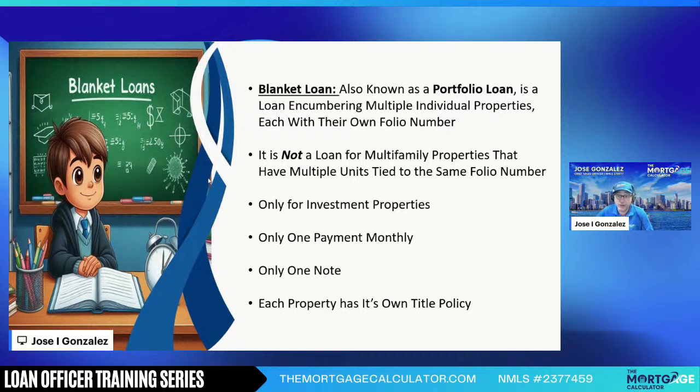But each property's title has to be reviewed, which is one of the issues we're going to discuss coming up. If one of the properties has a cloud on the title, and you want to keep that property in the blanket loan, then your blanket loan may be running into issues unless you resolve the cloud on the title or remove that property from the blanket loan.